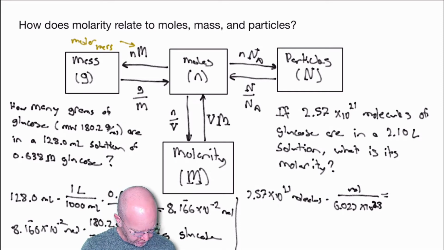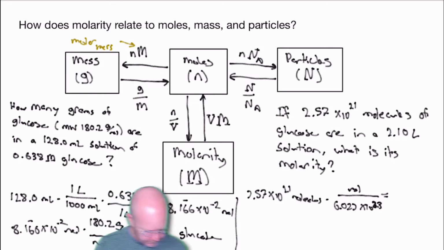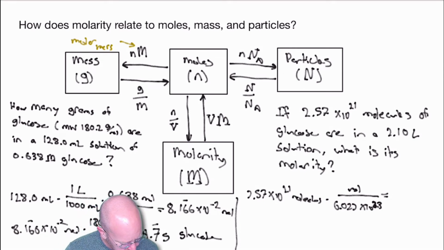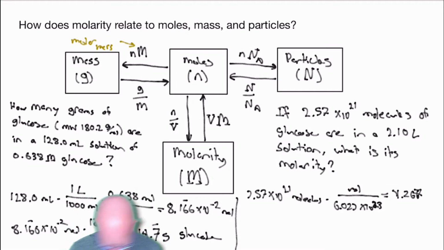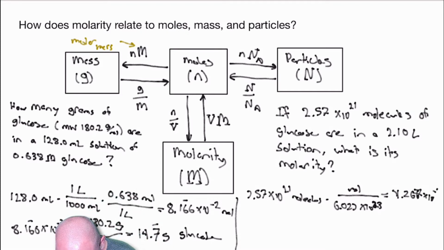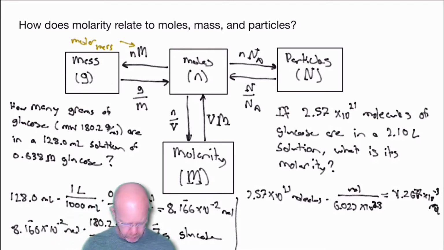So let's go ahead and do the calculation. 2.57 times 10 to the 21st divided by Avogadro's number, 6.022 times 10 to the 23rd. And I get 4.267 times 10 to the minus 3 moles.